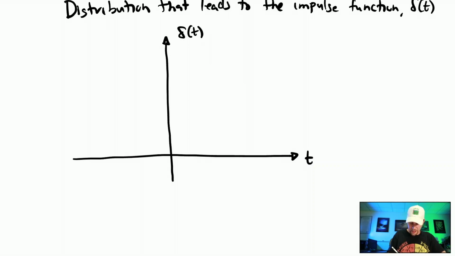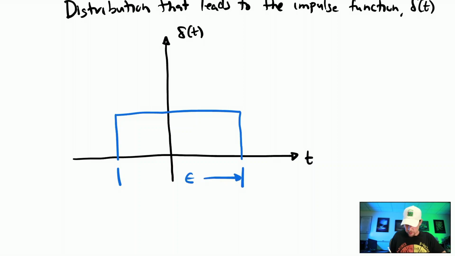Suppose that you actually had the following function itself. Suppose that you had a rectangle like this, whose length was some value epsilon. So here we actually have this rectangle, and whose height happens to be 1 over epsilon.